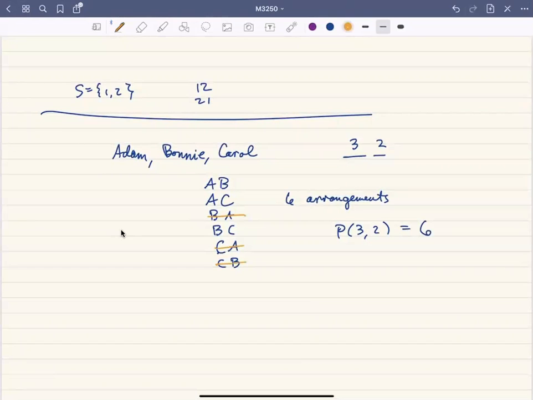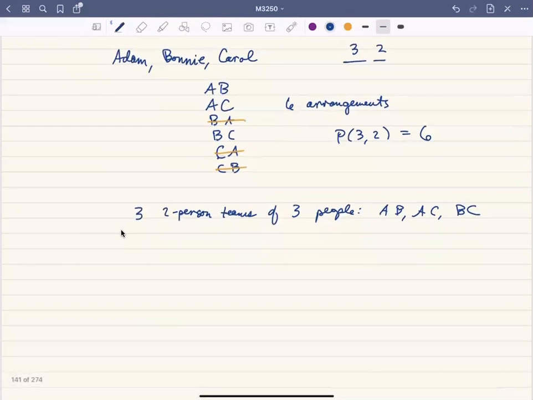And Bonnie and Carol and Carol and Bonnie are the same team. So it turns out that there's only 3 2-person teams that you can make of 3 people. And that's AB, AC, and BC. And that's because we don't care about the order that they're picked. We just care about who are the 2 people that are picked, regardless of the order. So it turns out that there's 3.